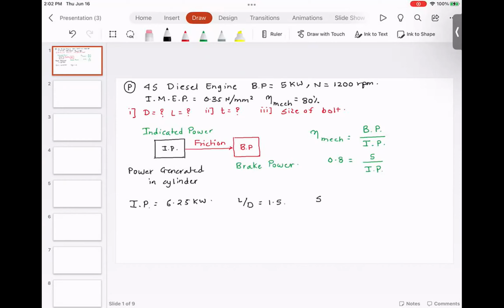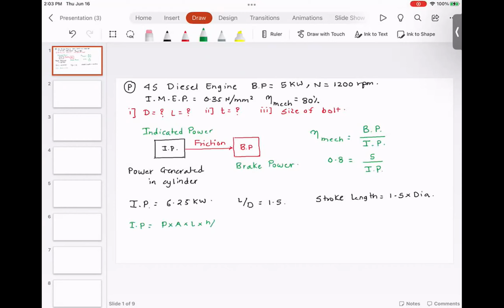What that means is stroke length is equal to 1.5 times diameter. And then indicated power is equal to P times A times L times N by 2 divided by 60.